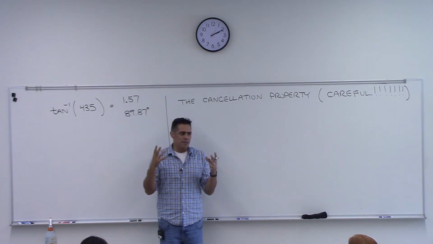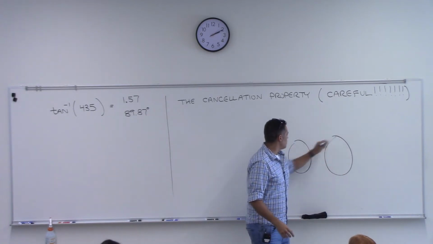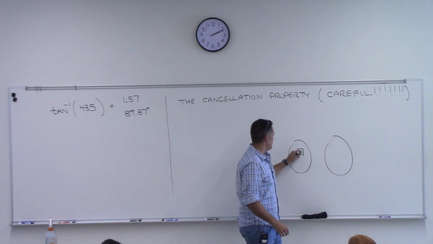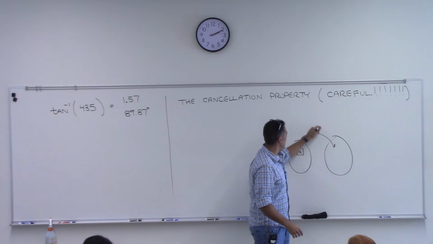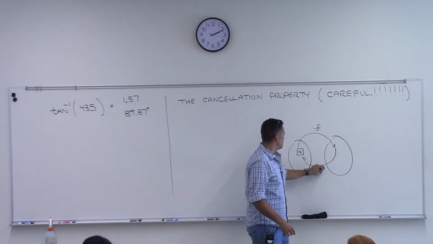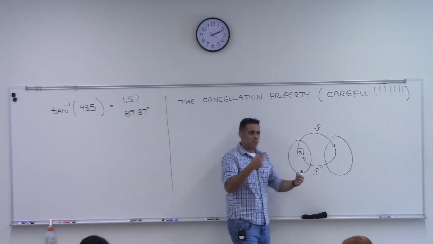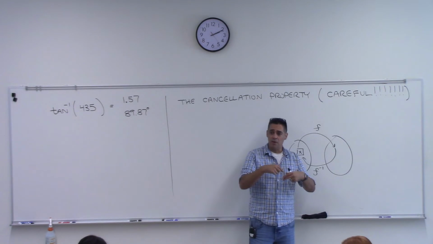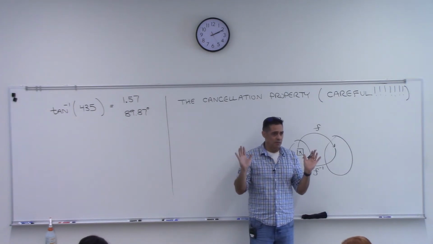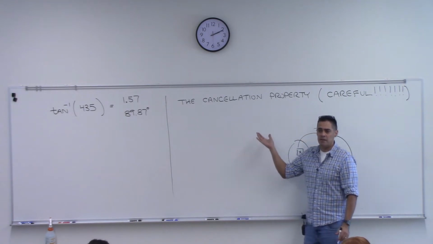That's the whole concept. If you start with something here, like some x value, send it through the function f, and then send that back through the inverse function, it should go back to exactly where it came from. So if you ever put a function together with its inverse, they just kill each other off. That's what the cancellation property is saying.